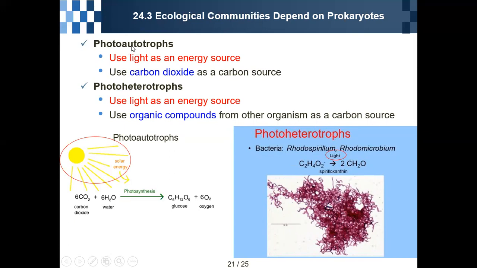But photoautotrophs use carbon dioxide as a carbon source. However, photoheterotrophs use organic compounds from other organisms as a carbon source. So finally, they make glucose, like this. So we can divide them into photoautotrophs and photoheterotrophs.